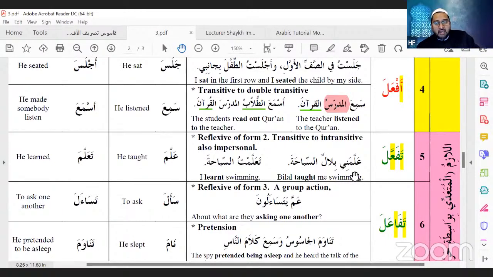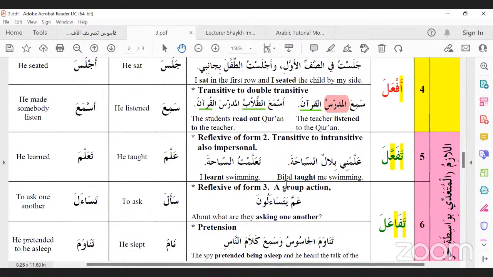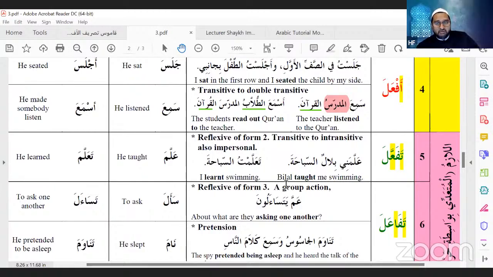If Bilal taught me swimming, he's teaching me. So when someone is teaching you swimming, what should be the end result? I will swim, and I will learn how to swim as well. The effect of it is I will learn the swimming itself.